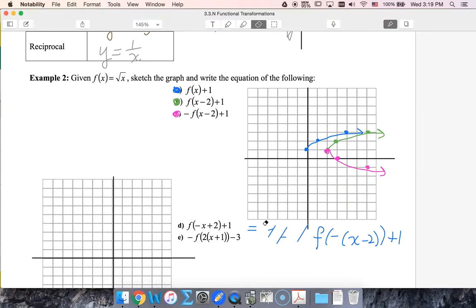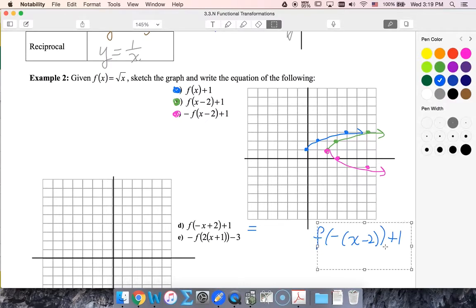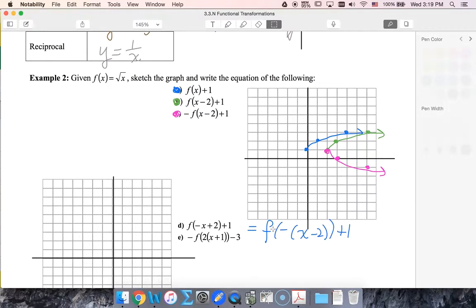So what this means is that I'm taking my graph and I'm going to reflect it over the y-axis and then move it 2 to the right and then up 1.